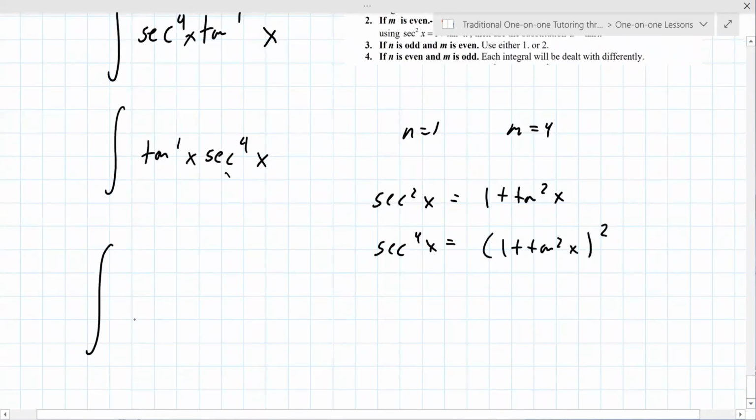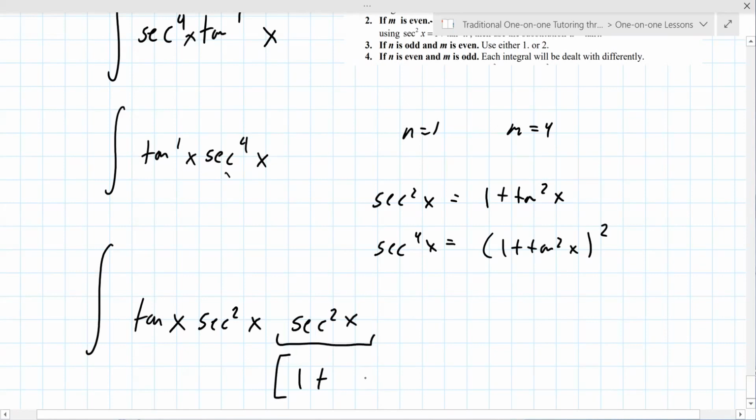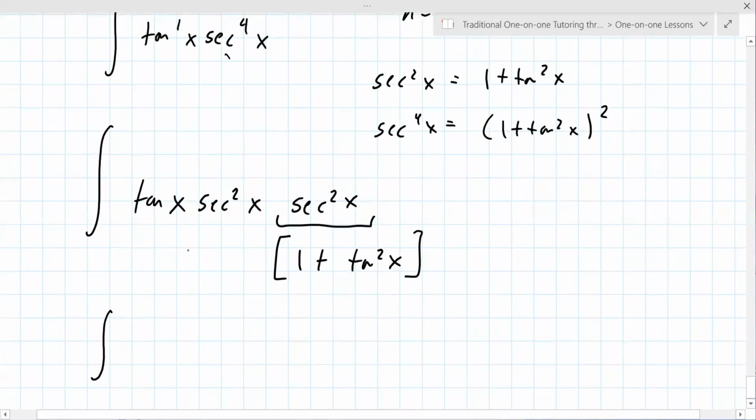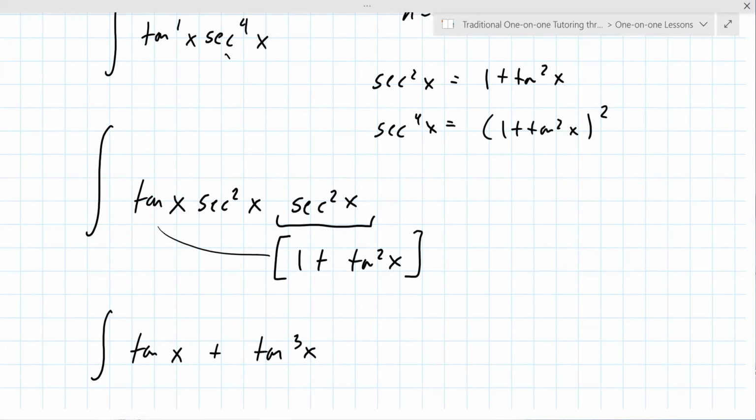I'm sorry, they want you to do it differently. They want you to go tangent x, secant squared x, and then instead of the other secant squared x, they want you to write 1 plus tangent squared x. Then you distribute this and get tangent x plus tangent cubed x. Is that really what they say there? Convert the remaining secants to tangents, and then use substitution u equals tangent x.